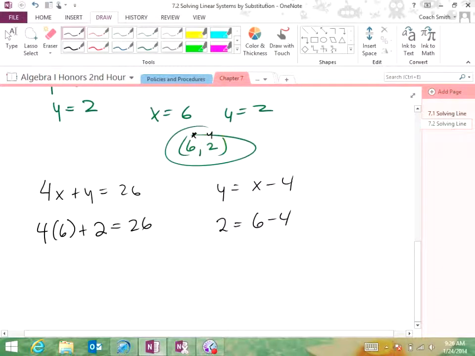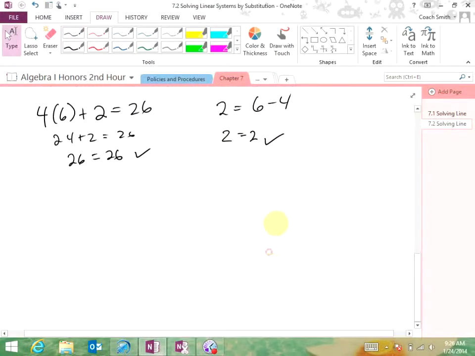This is your y value. So this is 24 plus 2 equal 26. That's 26 is equal to 26. So that checks. This is 6 minus 4, which is 2. 2 is equal to 2. So that one checks. So 6, 2 is your answer.